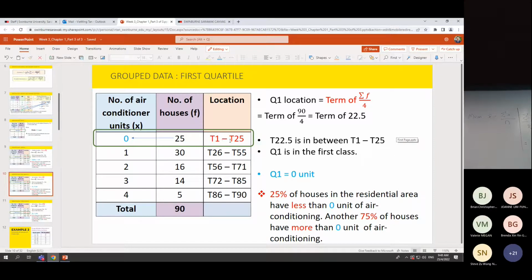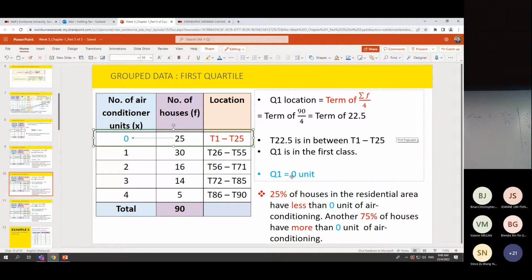That means the first class is the Q1 class, because 22.5 is within T1 to T25. If this is the Q1 class, then what is the Q1 value? The answer is 0. So substitute 0 here.